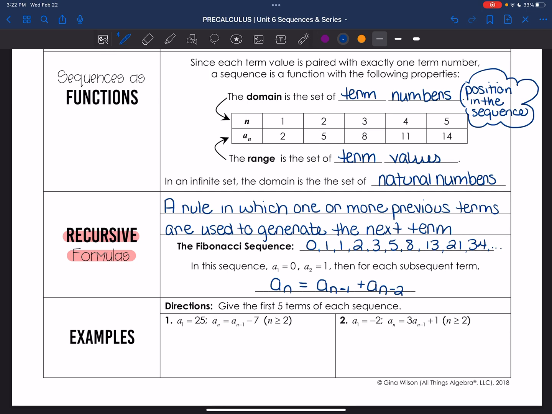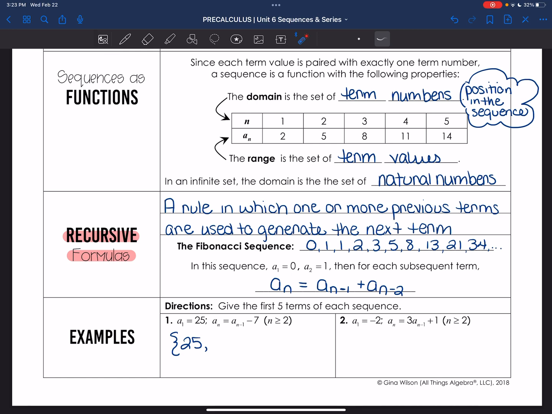We know that a_1, for example number 1, is 25. So we know the first term is going to be 25. And then what does it say we want to do with that? We want to take a_{n-1}. That means take the previous term, the term before that one, and subtract 7 from it.